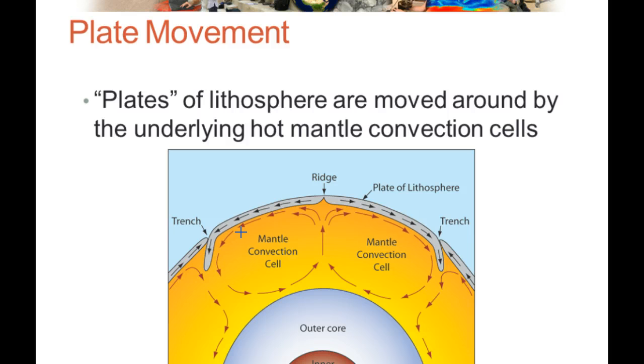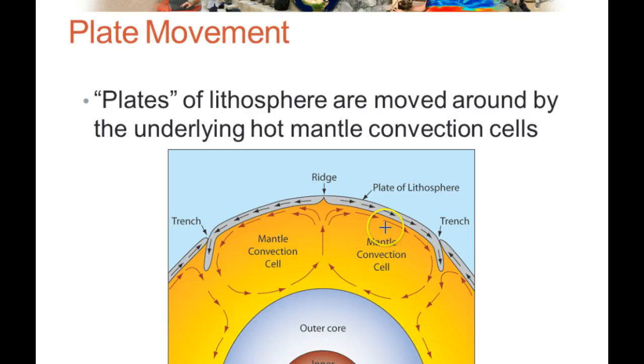Now make sure you write that down. What happens is a continuous cycle is then formed where cool material at the base of the lithosphere is replaced by more hot material, and so on, forming a large convection cell, as pictured in this diagram. Get that in your notes.